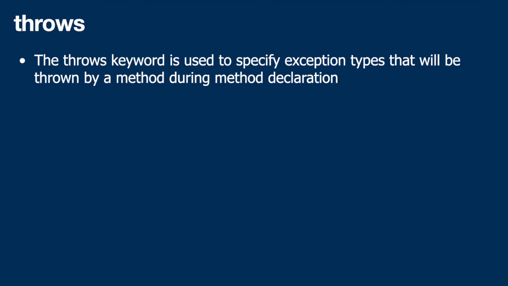The other one is the throws keyword. The throws keyword is used to define exceptions that can be thrown by a method. As you remember, we have discussed defining methods in Java, and you use the throws keyword immediately after the closing parenthesis of a method, whether with argument or without argument, and we specify the exception types that can be thrown by a method.